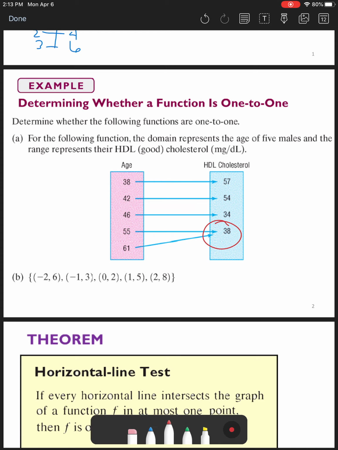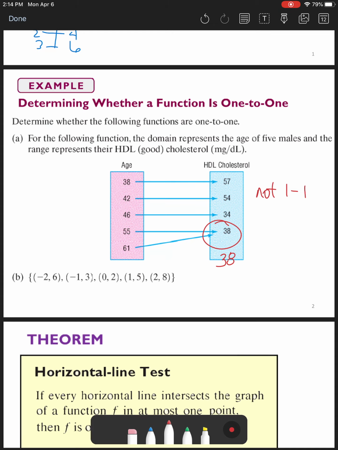Right here, that's saying that 38 is going to happen twice because 38 goes to 55 and 38 goes to 61. So therefore, this is not a one-to-one function.